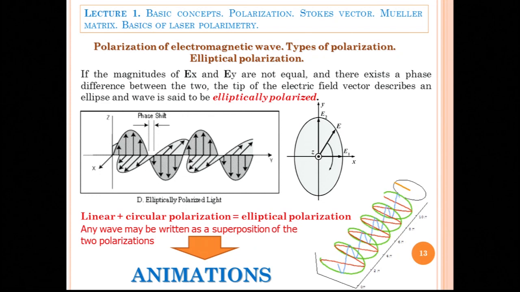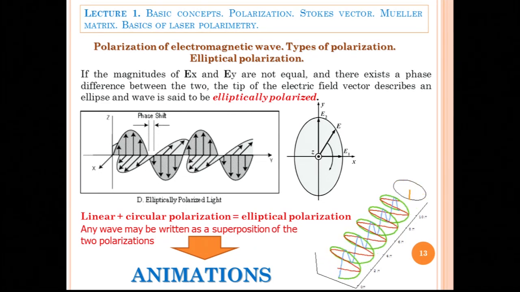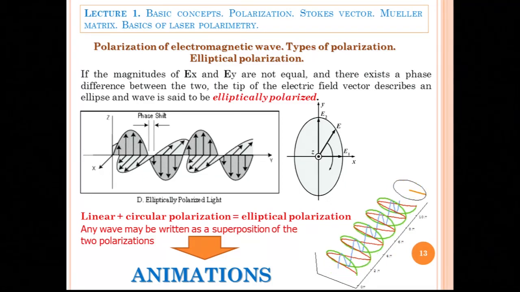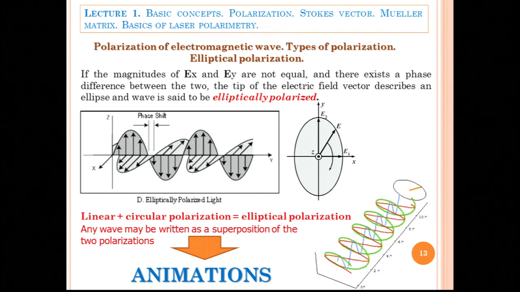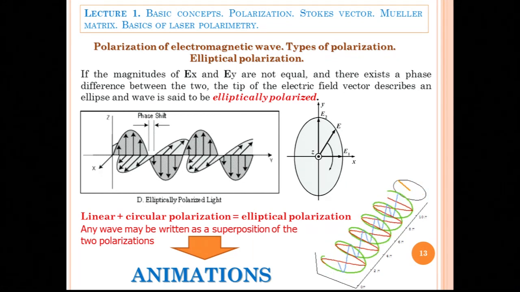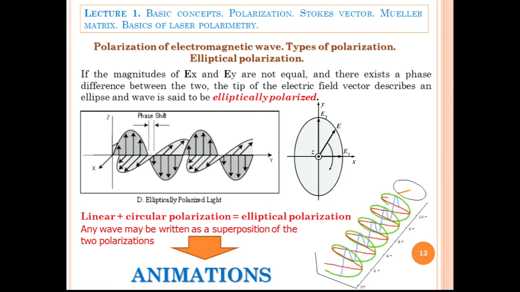So the first conclusion is that this tool is very sensitive to any changes, for example, in biological objects. But we should know how to use these changes in polarization in order to make some diagnosis or something like that.